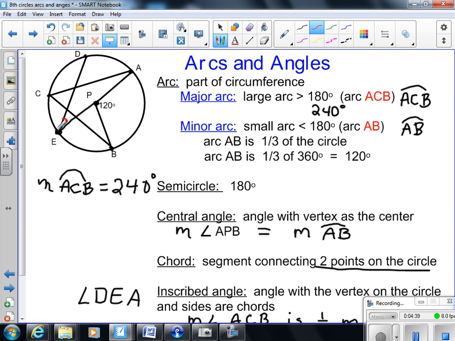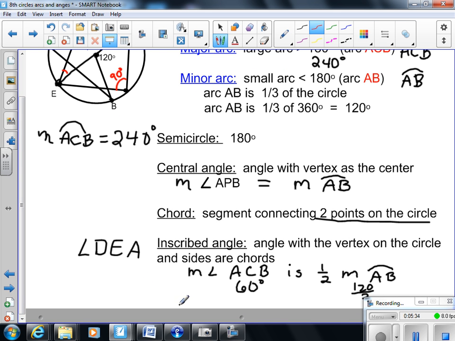Okay, so if I know that angle ADE is 180 degrees, if this has a measure of 180 degrees and I were to draw an inscribed angle, which means that both of the sides are chords and the vertex lies on the circle, then we would say that this angle would then be 90 degrees because it's half what the arc measurement would be.